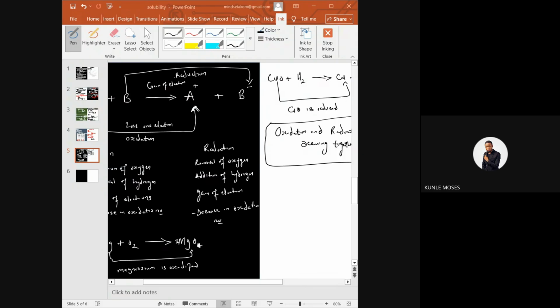Crystals are formed when a solution is cooled. It occurs in a supersaturated solution when there is excess solute. All right, let's look for more questions.